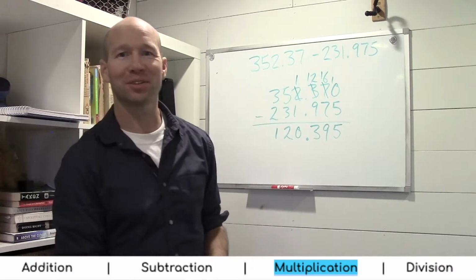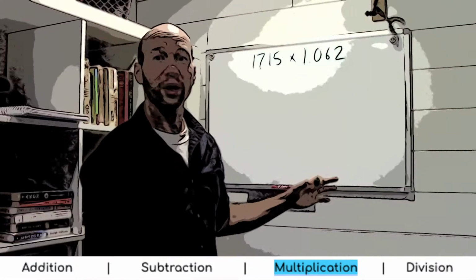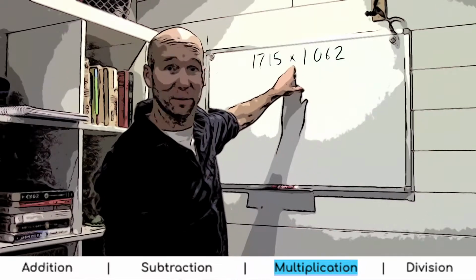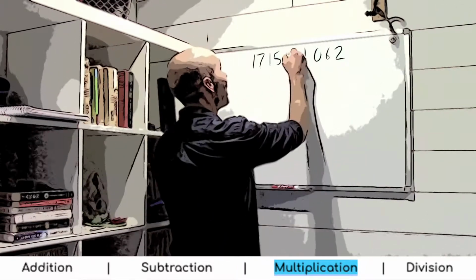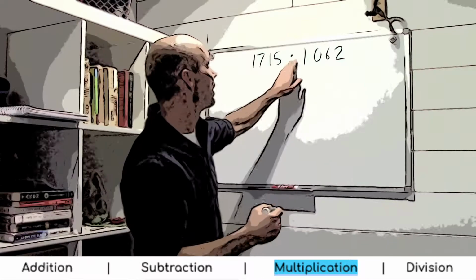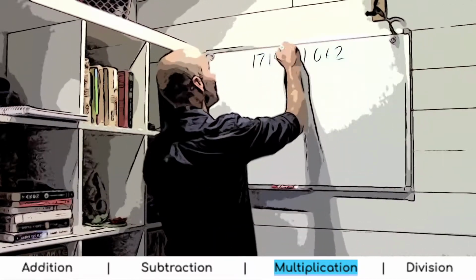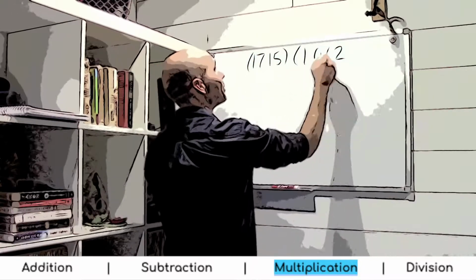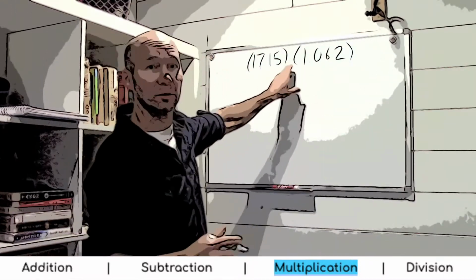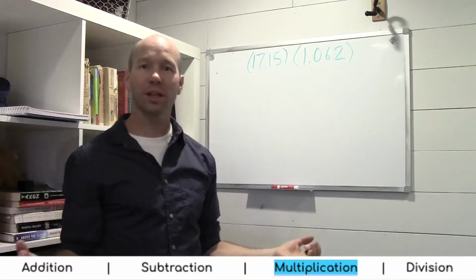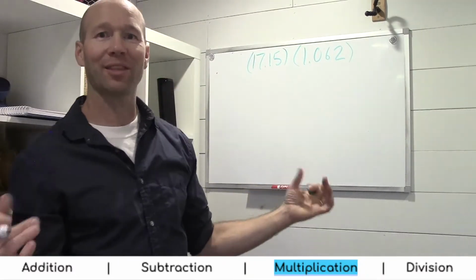What are we going to do next? Let's move on to some multiplication. When we're multiplying, we're going to see something like this. You might have an X in the middle. You might have a dot right in the center. That is another sign for multiplying. You might have parentheses around both, and that's also a sign that you're multiplying both of these numbers. When we are multiplying, our place value is something we're going to bring in at the end.